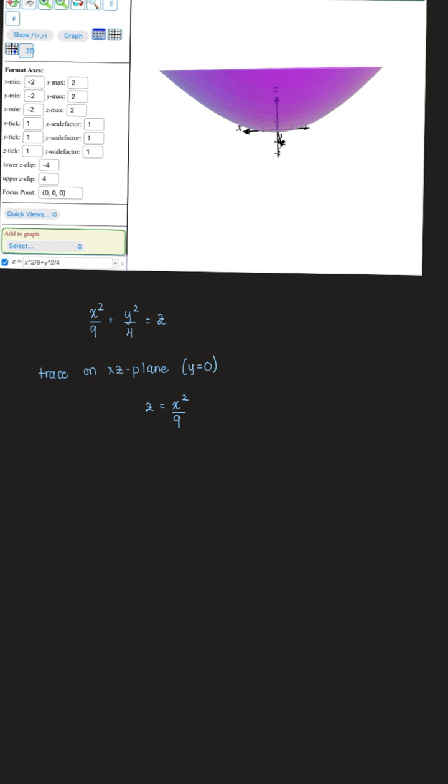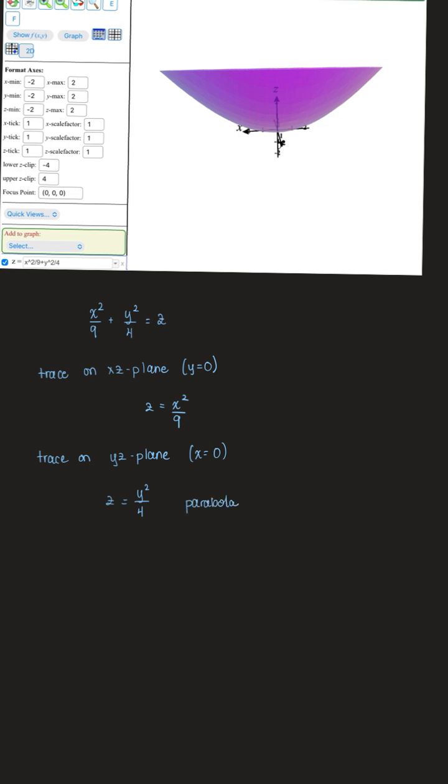And so if we go back below, if we look at the trace on the yz plane, we can obtain that by setting x equal to 0. And when we do that, that's going to give us y squared over 4 equals z, which is another parabola.